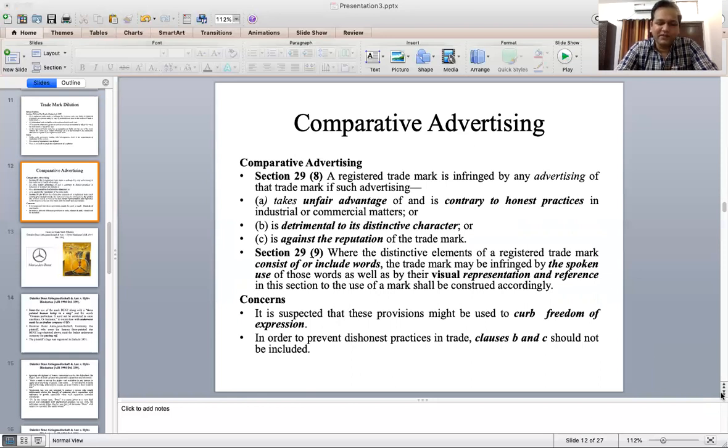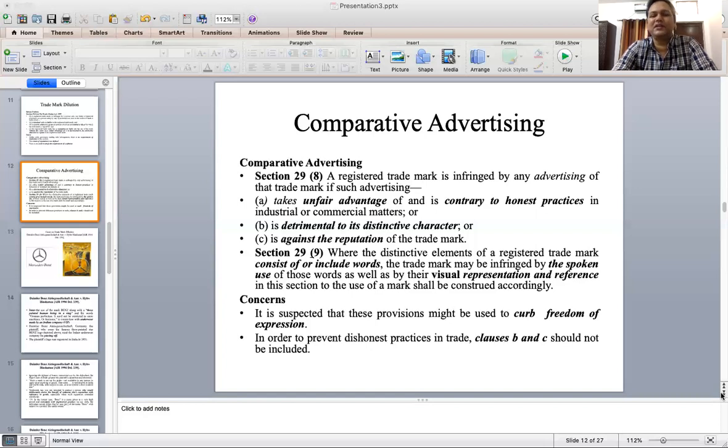So what is comparative advertising? Section 29 clause 8 defines it like this: a registered trademark is infringed by any advertising of that trademark if such advertising takes unfair advantage of and is contrary to honest practices in industrial or commercial matters.